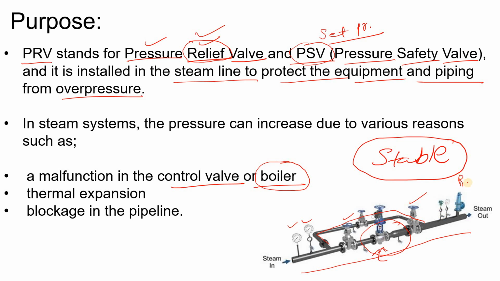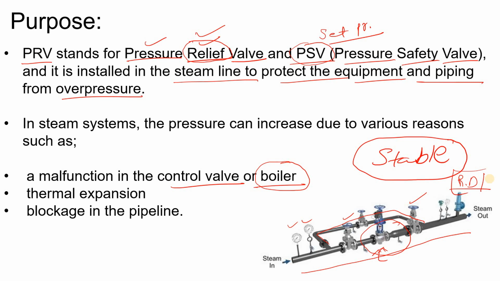And the relief system is used here. Typically in a steam line, you will see these assemblies or components. There could be PT, TT as well, but most of the time the relief system you will find here. Are you getting my point, what I want to say?